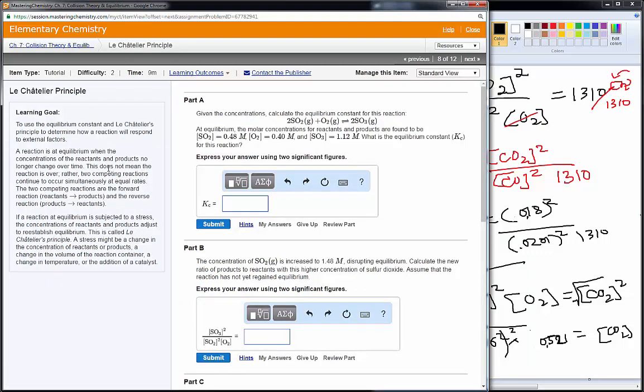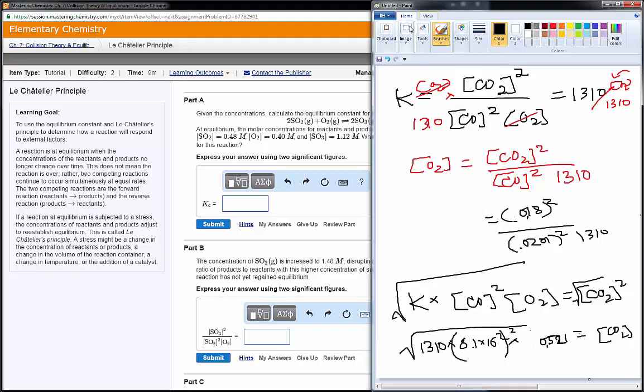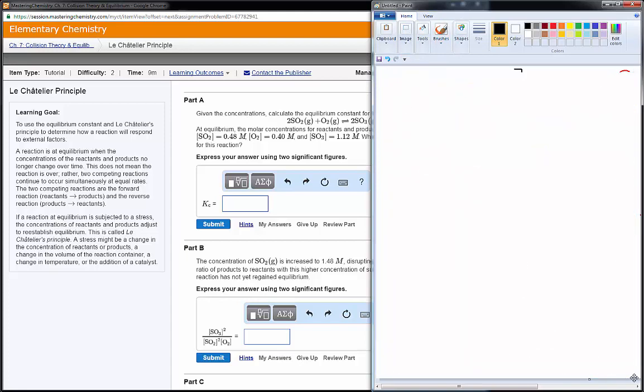Okay, so we're talking about reactions at equilibrium, and what would the constant K be for this reaction? We already know how to do this. Let's clean up our plate. And looking at this equation, I've got SO3 squared divided by SO2 squared times O2.